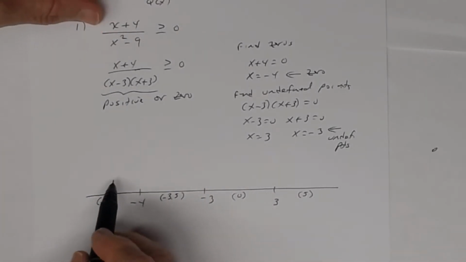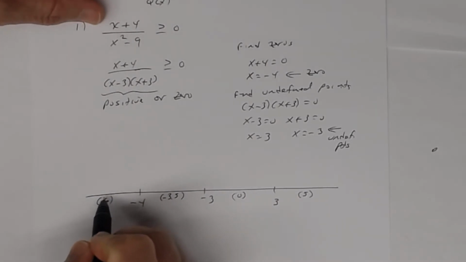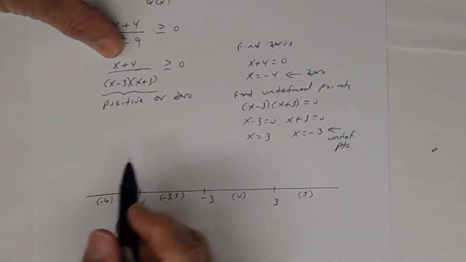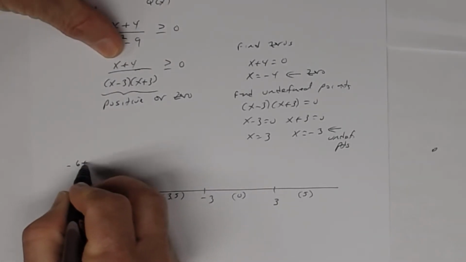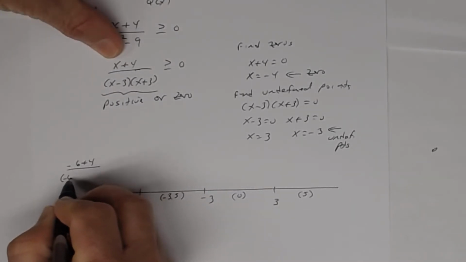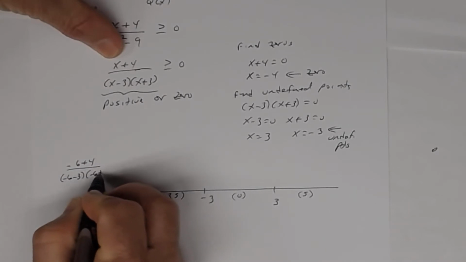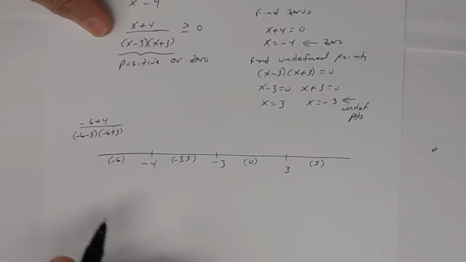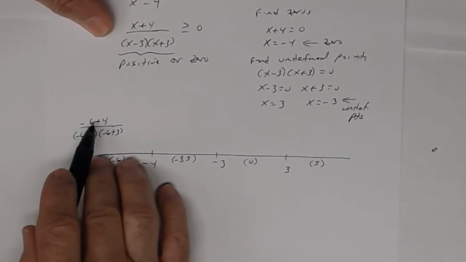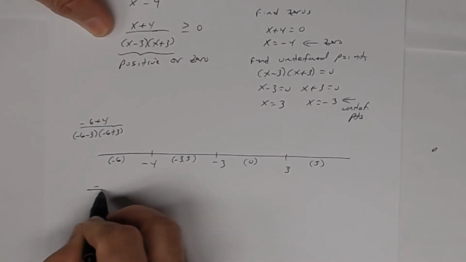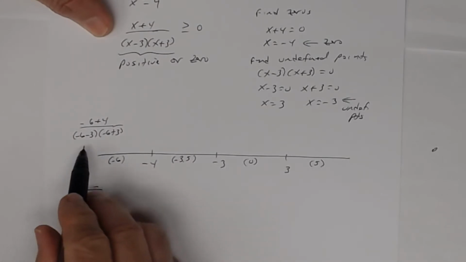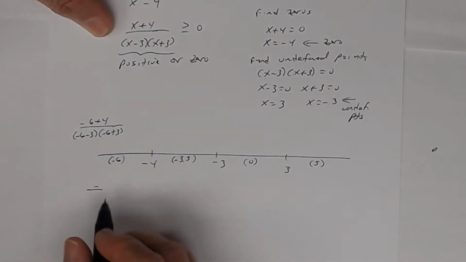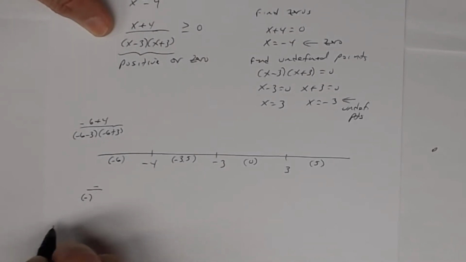Okay, so we're going to go ahead and substitute the test point, -6, into the rational expression. So we have -6 plus 4 divided by -6 minus 3 times -6 plus 3. And I'm going to go ahead and put that work down here because I don't have enough room here. -6 plus 4, that's a -2, so the numerator is negative. And then in the denominator, your 2 factors, the first one, -6 and a -3 is a -9, so that's negative.